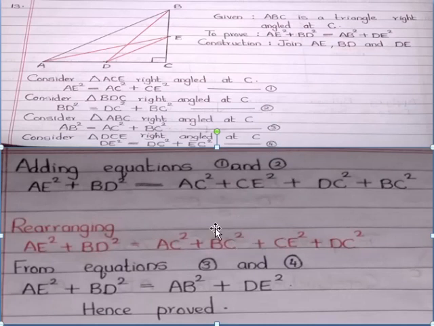The first 2 terms are coming in equation 3 and third and fourth terms are coming in equation 4. So you can substitute AB square and DE square in this rearranged equation. So you will get what you have to prove here, that is AE square plus BD square is equal to AB square plus DE square.